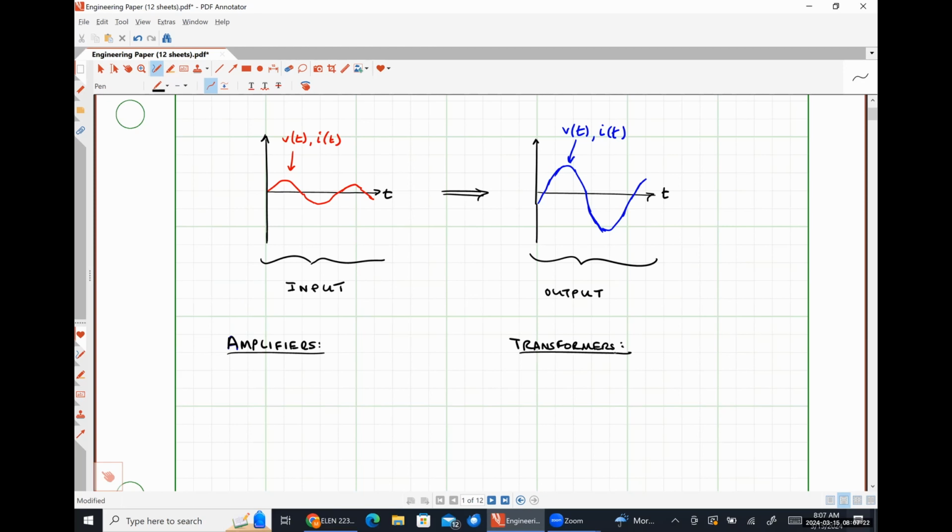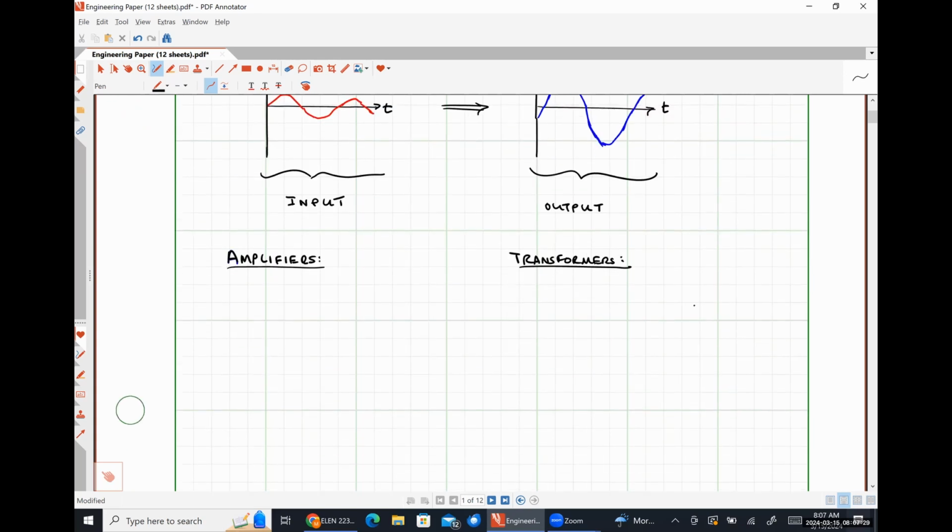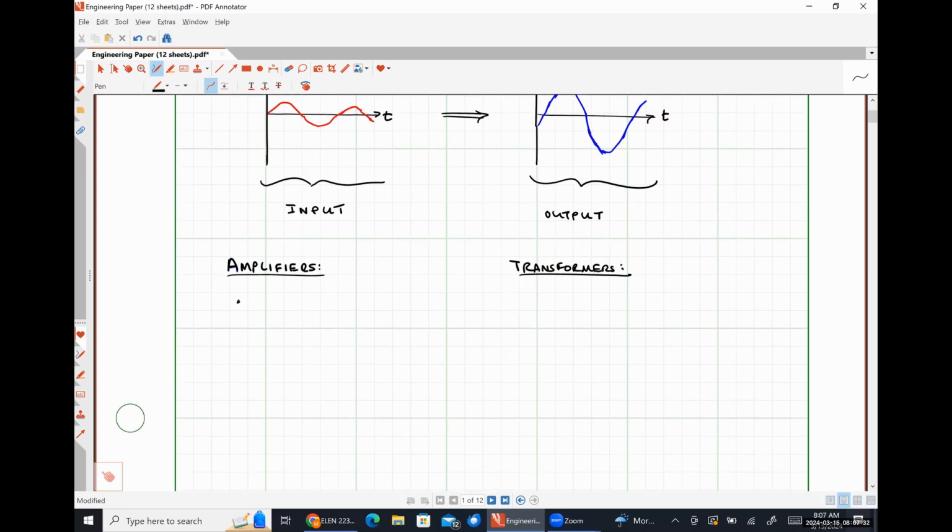So probably the biggest difference between these two types of devices is that amplifiers are inherently active devices, whereas transformers are inherently passive devices. Does anybody know what the difference between an active device and a passive device is?